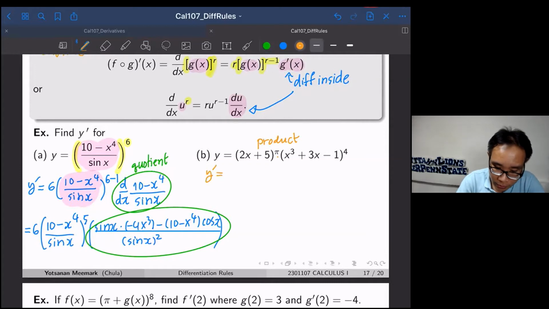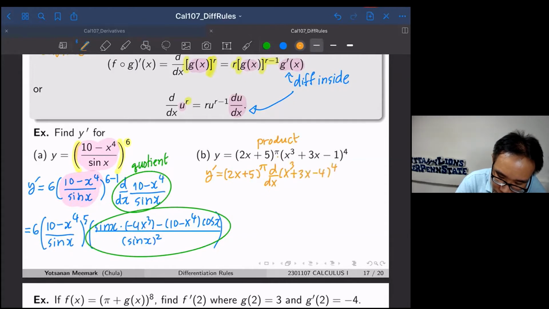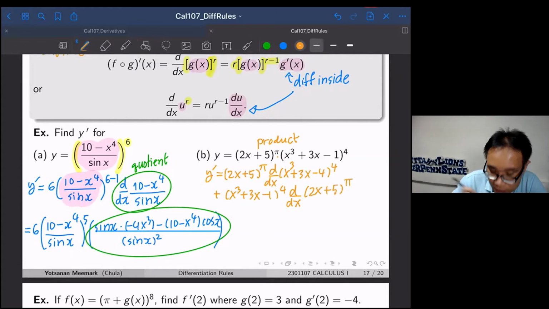It's going to be the first times the derivative of the second, plus the second times the derivative of the first.